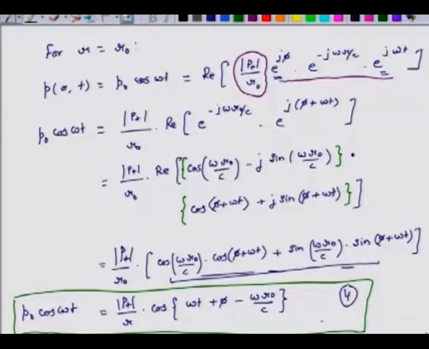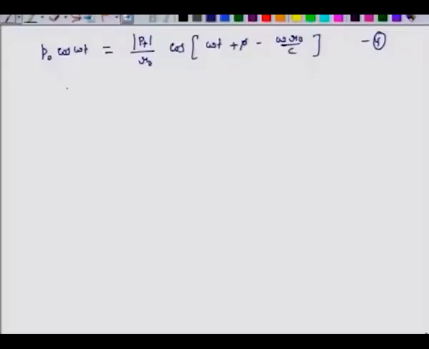So, I will rewrite it here on the next sheet. p naught cosine of omega t equals magnitude of p plus divided by r naught times cosine of omega t plus phi minus omega r naught over c. Now, this expression, expression 4, can hold true in general only if the following conditions are met.